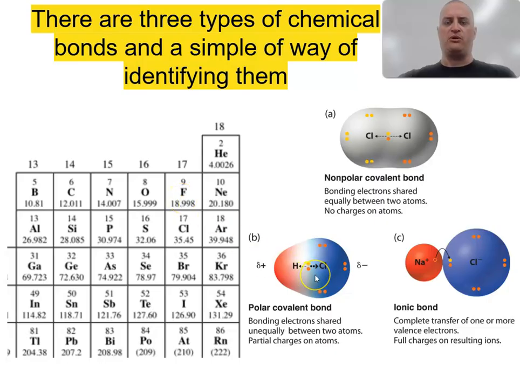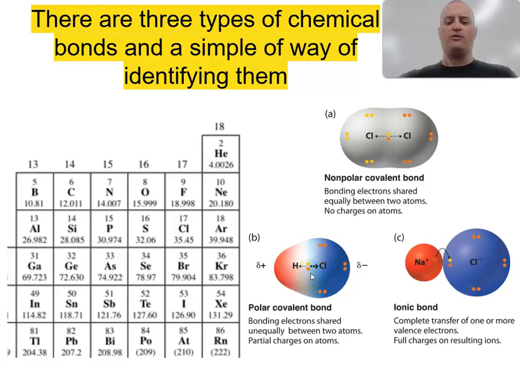So as we see in this polar covalent bond, the closer it is to fluorine, the more likely it's going to get the partial negative. Further from fluorine is going to get the partial positive. So hydrogen's way over here, further on the left side of the periodic table, so it's going to get the positive. So the closer it is to fluorine, the more negative it gets.